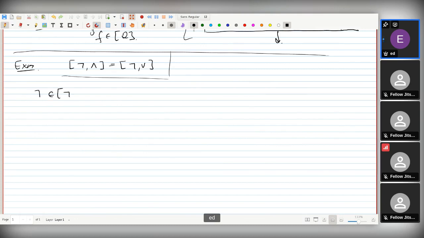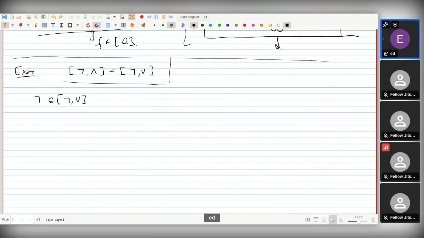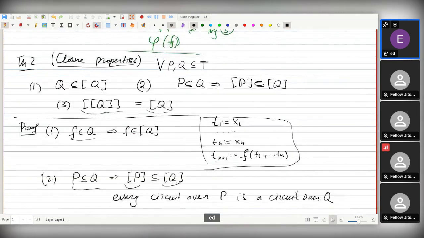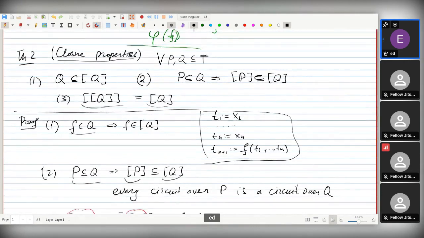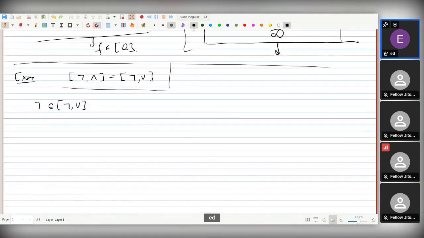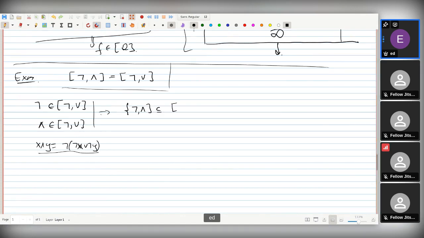Clearly, negation is computable over negation and disjunction because Q is included into the closure of Q. Also, we know that a conjunction is computable via negation and disjunction. You know, X and Y is just not (not X or not Y). And you can easily construct the respective circuit. Hence, this set is a subset of what is computable via negation and disjunction.